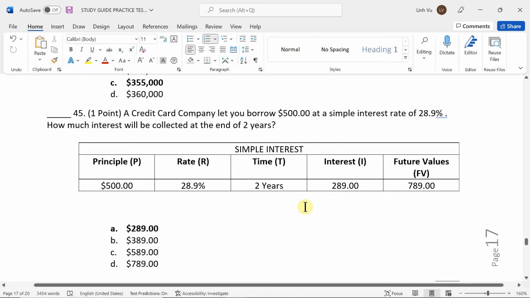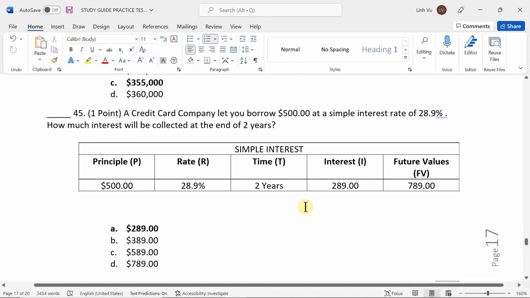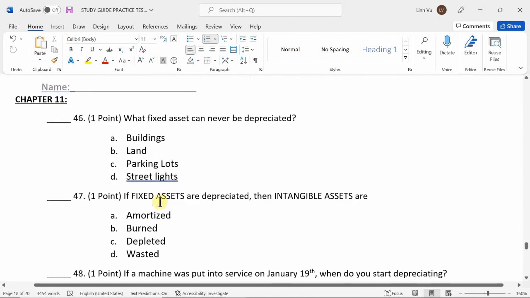Well, it's more than half because half of what you borrowed would be 250, and you're paying 289. Yes, you're right. It is a little more than half. That's how credit card companies actually get you, is that they double up the money by charging you all this interest. That's terrible. Yes. All right.